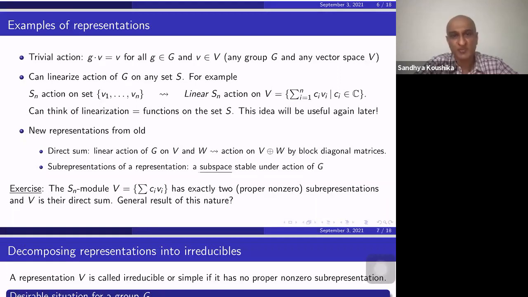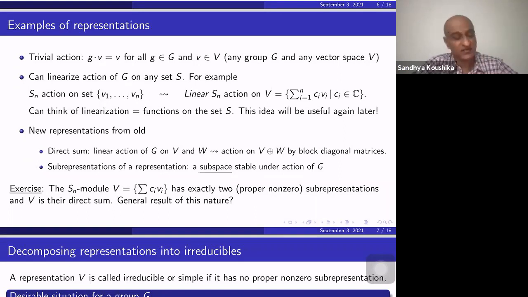Just a small point. This linearization idea is going to be very important for us later on. It will be executed in a different way, but the fact that I can go to functions is a very useful thing.